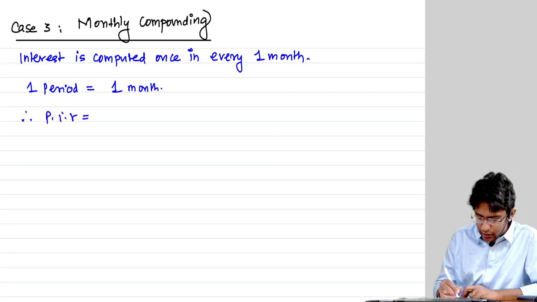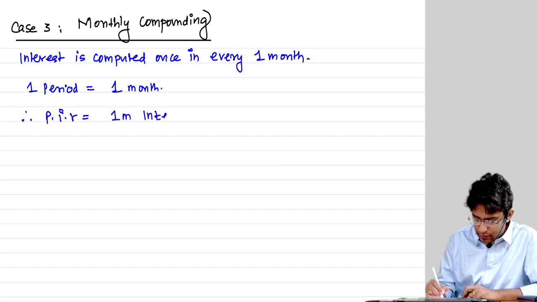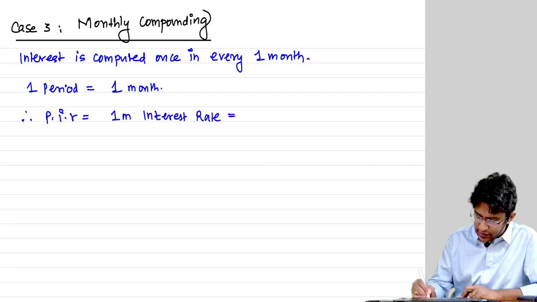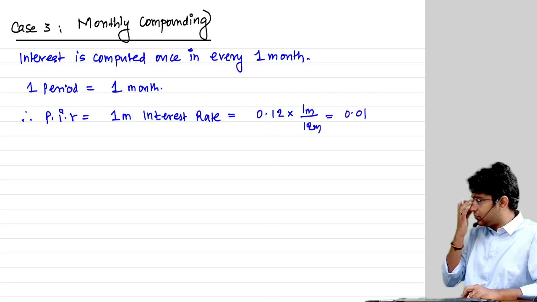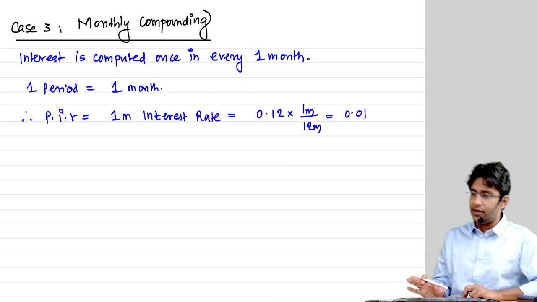Therefore, PIR is equal to 1 month interest rate, which is equal to 0.12 into 1 by 12, 0.01. So interest rate is ready.